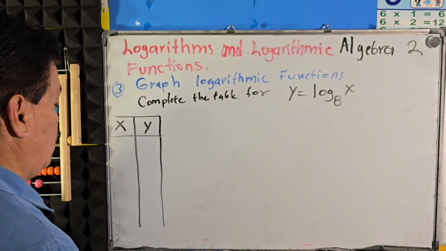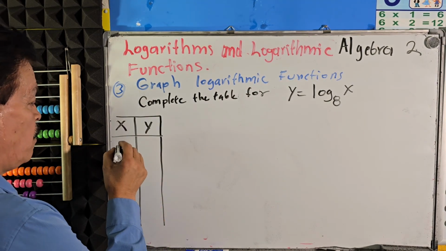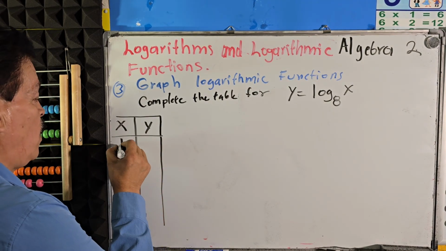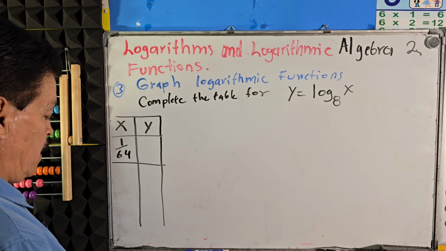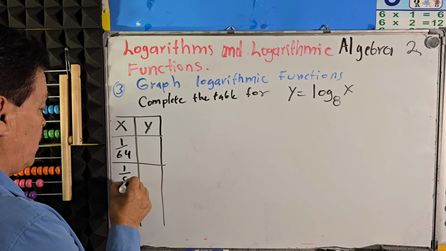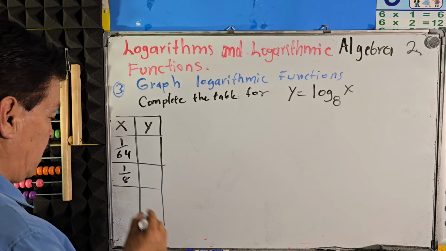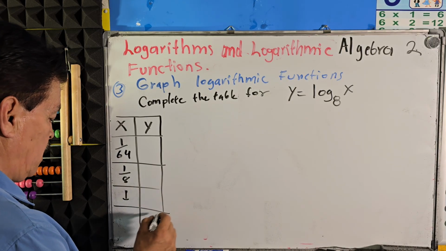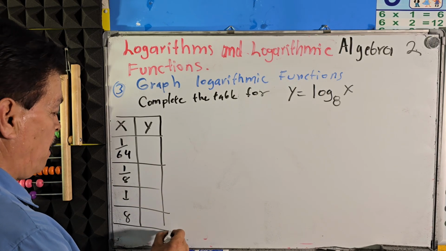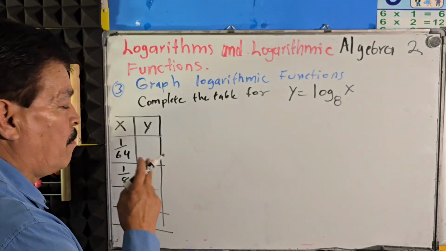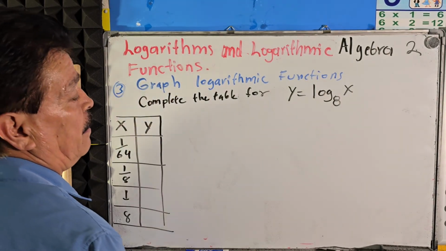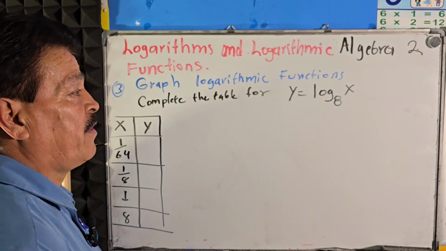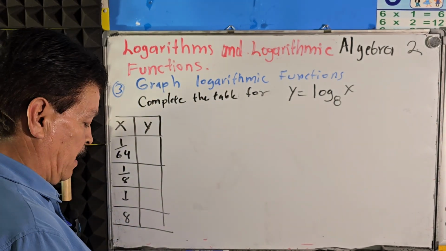I will give you the values for x: 1/64, then 1/8, then 1, and the next value is 8. We have to find the values for this table using y equals logarithm of x with the base 8.